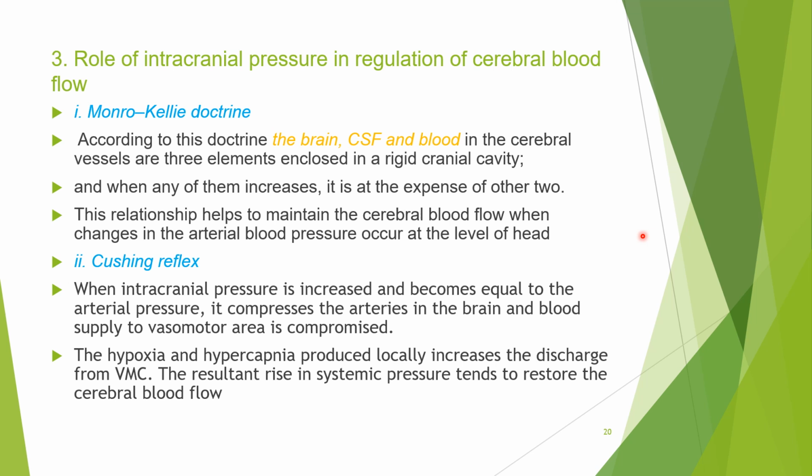Why is this not happening? Because when we are coming down, the intracranial pressure is also increasing. So the vessels will be pressed and the resistance will be increased. So there is not much flow in the cerebral blood vessels. So there is no rupturing of the cerebral blood vessels.